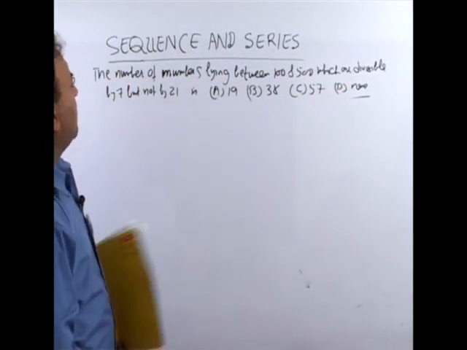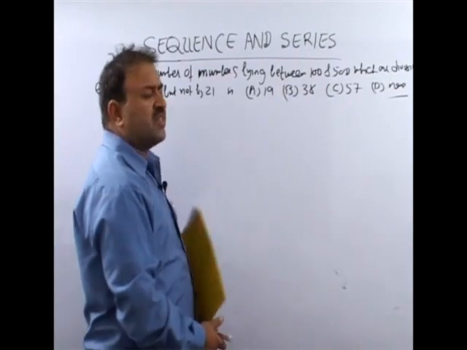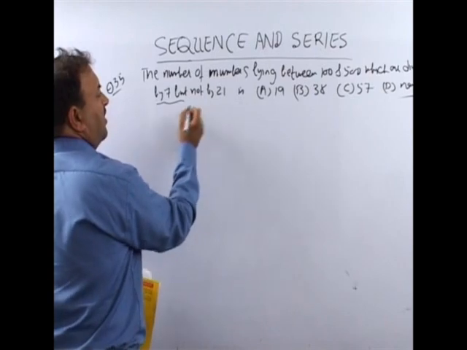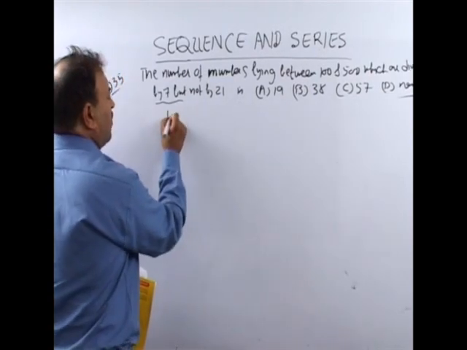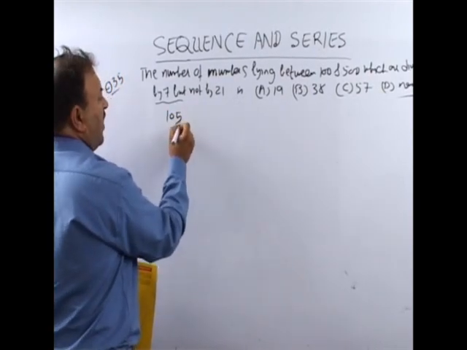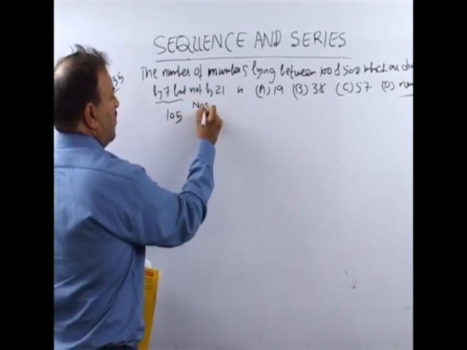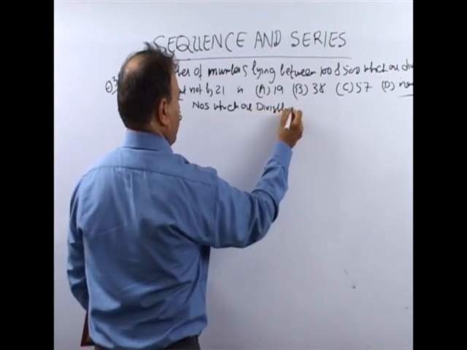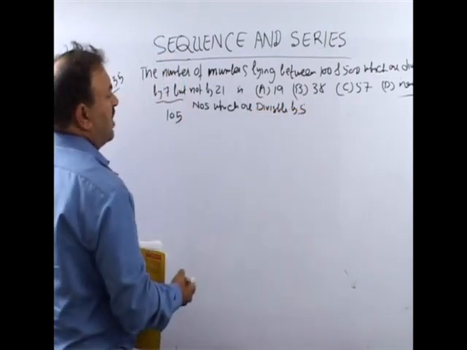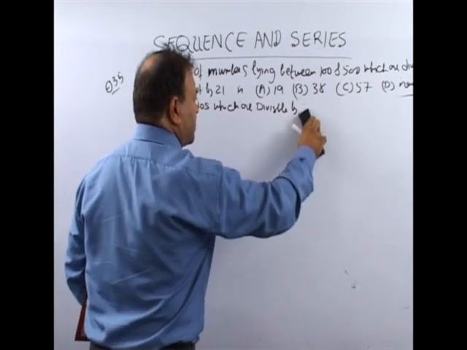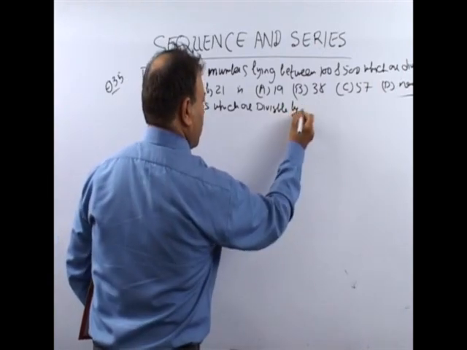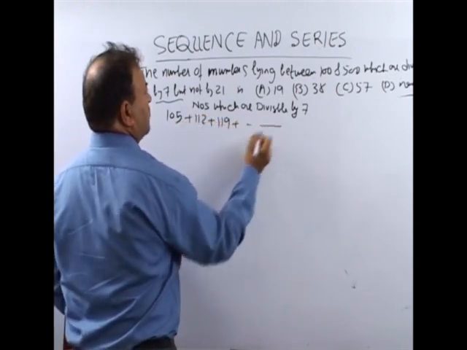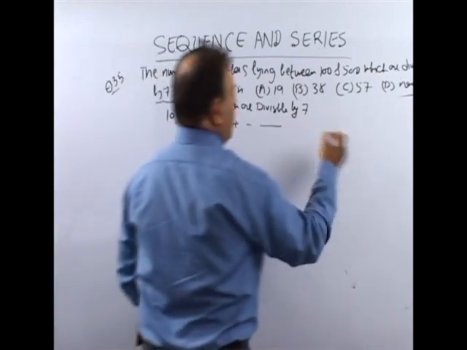So the method is very simple. The number of numbers between 100 and 500 which are divisible by 7: after 100, the first number divisible by 7 will be 105. I am writing down the numbers which are divisible by 7: 105, 112, 119, and so on. We can find the last number by checking divisibility by 7.